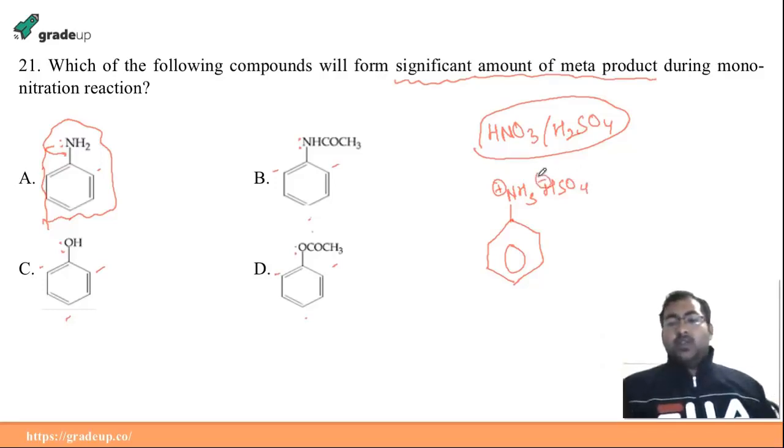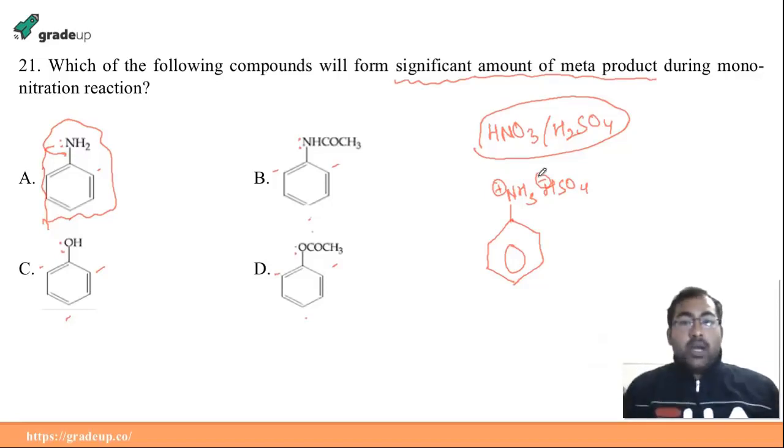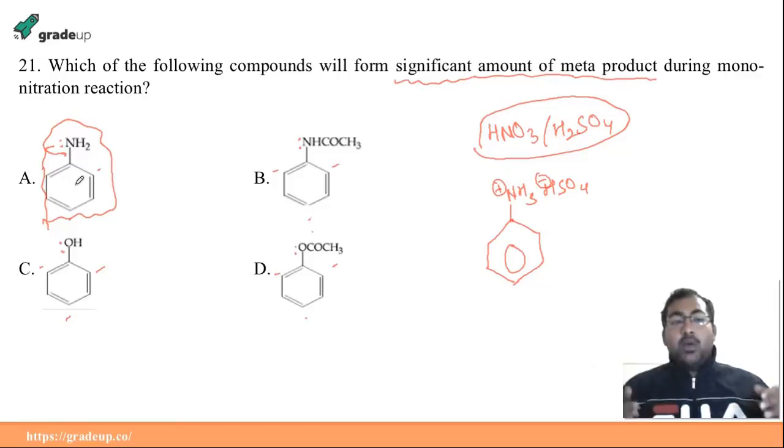It tends to form this kind of compound when it gets into the solution. So now the lone pair of nitrogen is not freely available to increase the density at the ortho and para positions.